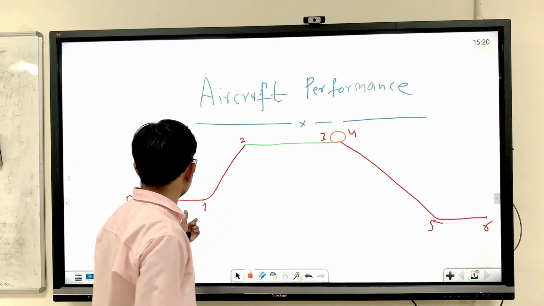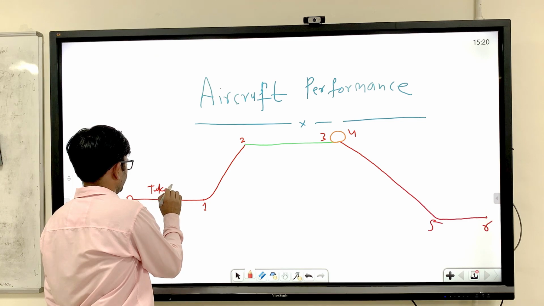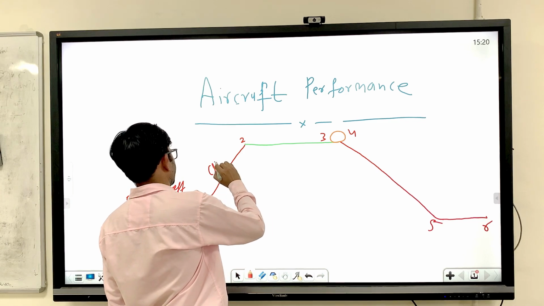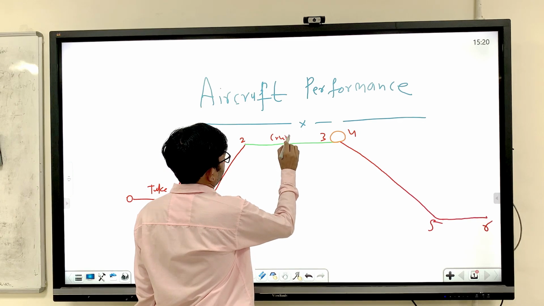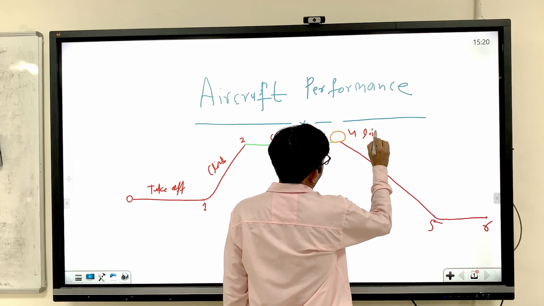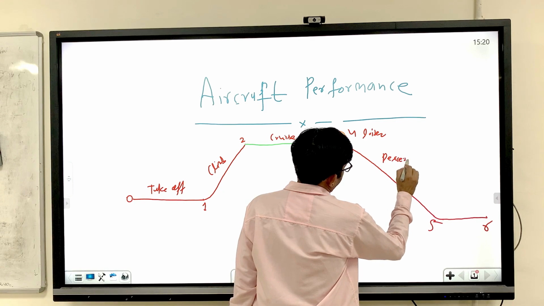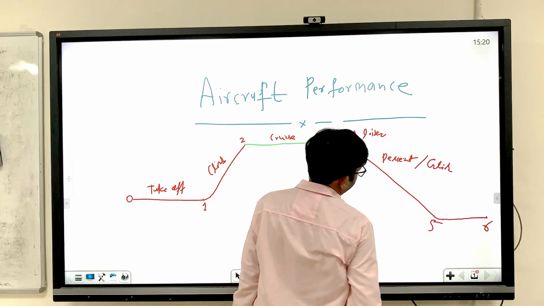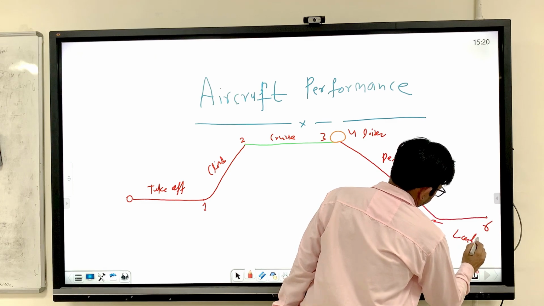So 0 to 1 is takeoff, from 1 to 2 is climb, from 2 to 3 is cruise, and 4 is loiter, and this one is descent or glide, and this is finally landing.